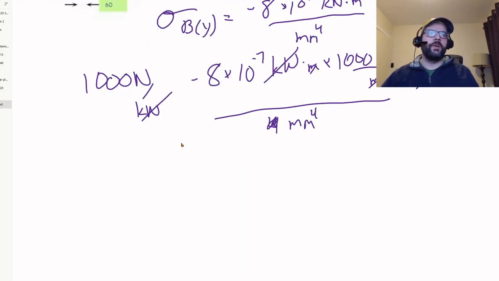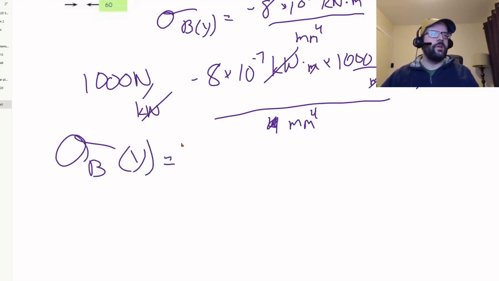And then we're given our bending stress as negative 0.8 newtons. What we got here is millimeters on the top, millimeters to the fourth at the bottom, so we cancel out one of those. That gives us millimeters to the third, newtons per millimeter third times y.